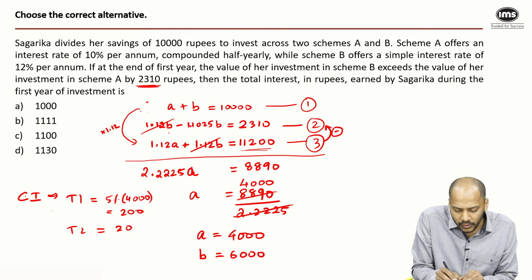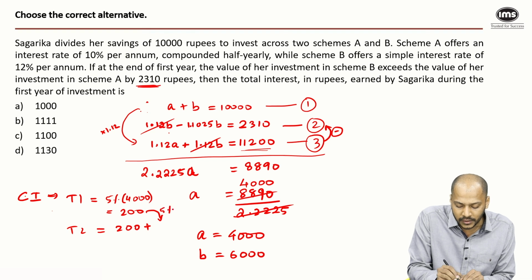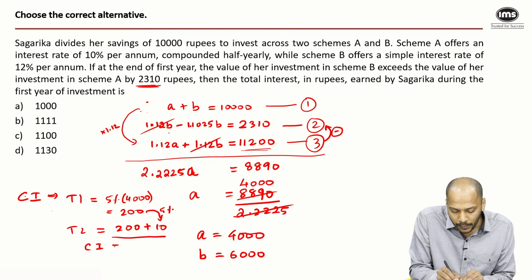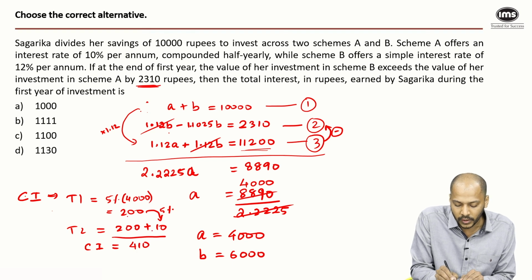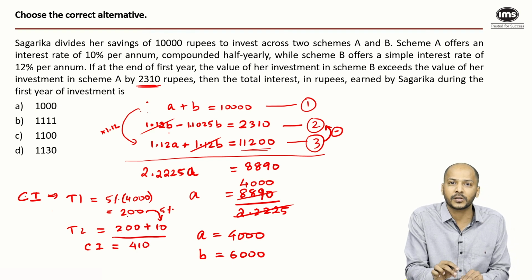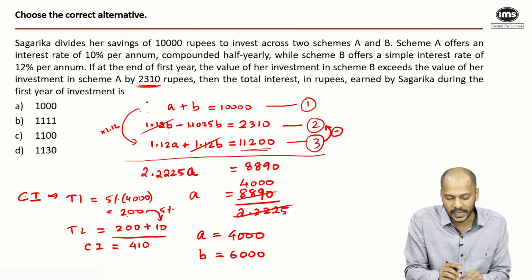You simply get whatever you earned in the first period, plus you get interest on the previous period's interest. So 5% of 200 is 10. So I'll get 10 extra, and the total compound interest that I'll get would be 410 rupees. 200 plus 200 plus 10. Compound interest for the first period and the compound interest for the second period.